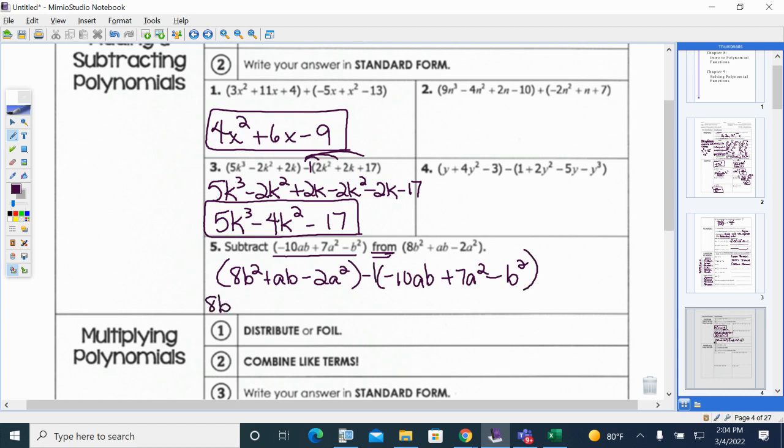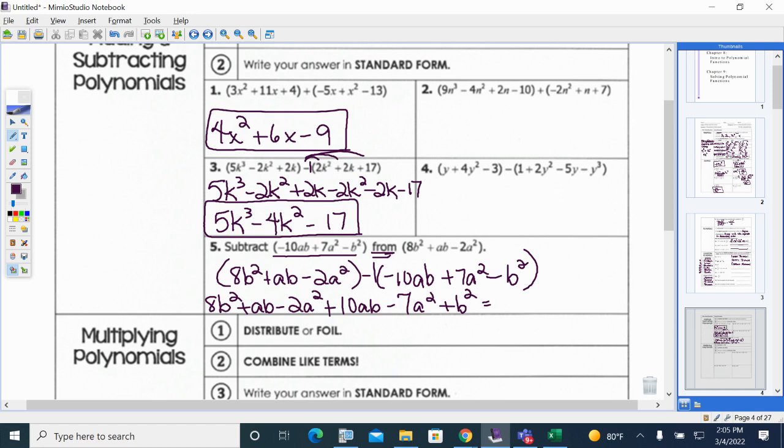So I have 8b squared plus ab minus 2a squared plus 10ab minus 7a squared plus b squared. And then, of course, I'm going to combine my like terms. Now, this is a perfect example of one where I do not count off if your order does not match my order, because there are multiple variables here.